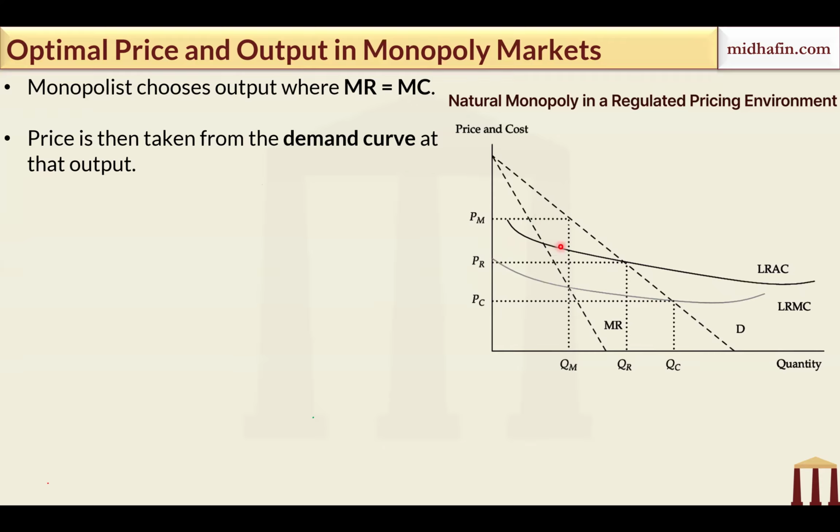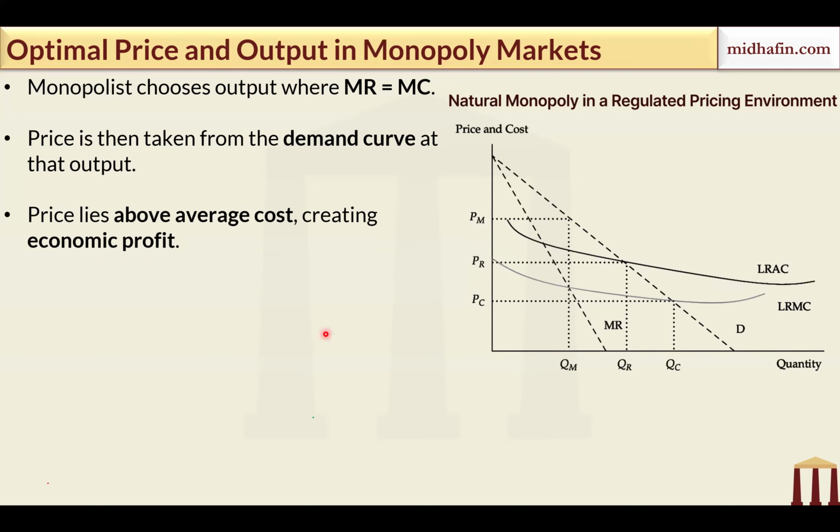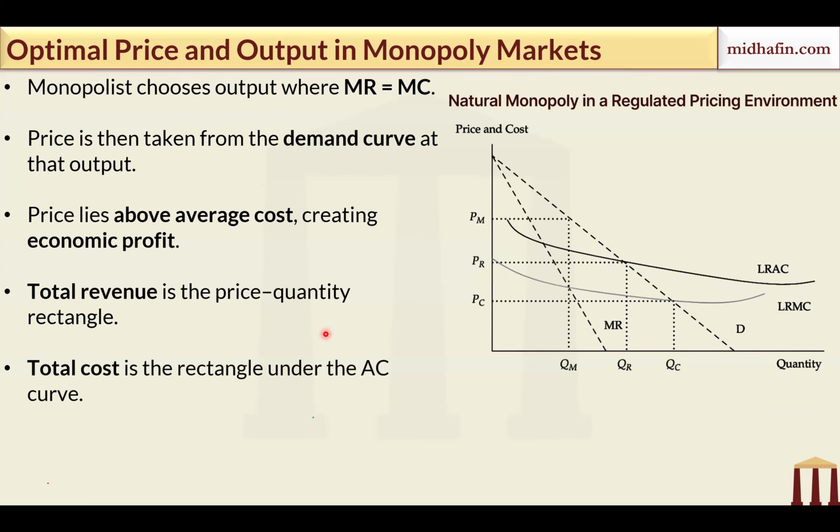But the issue is that since there is a lot of economic profit, you have a total revenue, which is the price quantity rectangle, and you have the total cost, which is the rectangle under the AC curve, which is not drawn here properly. It should actually have been drawn over here like this.